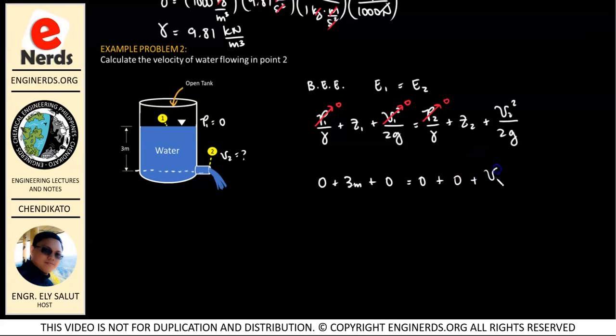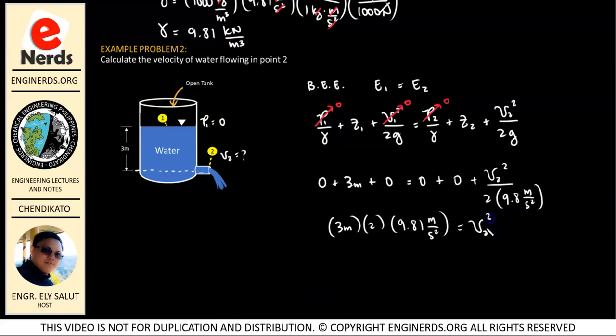So we have velocity at point 2 squared over 2 times G. Our G is 9.81 meters per second squared. Okay? So we have 3 meters times 2 times 9.81 meters per second squared is equal to velocity 2 squared.